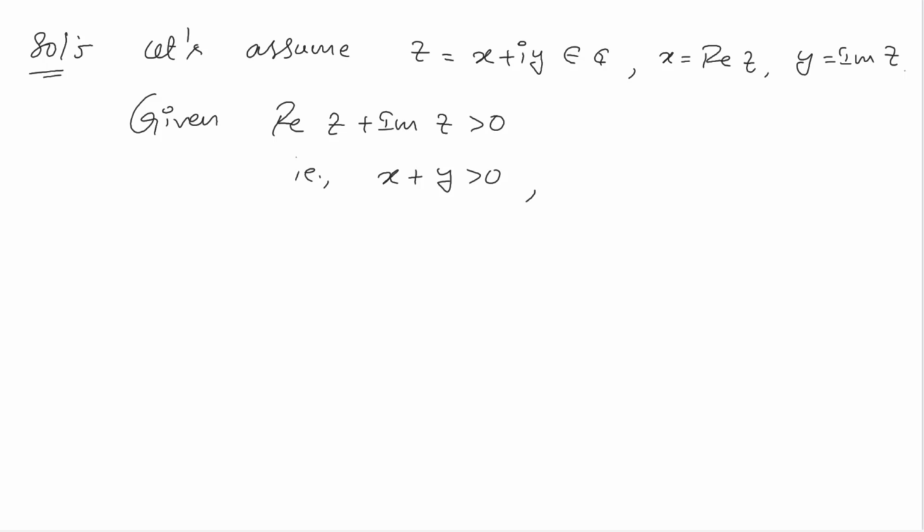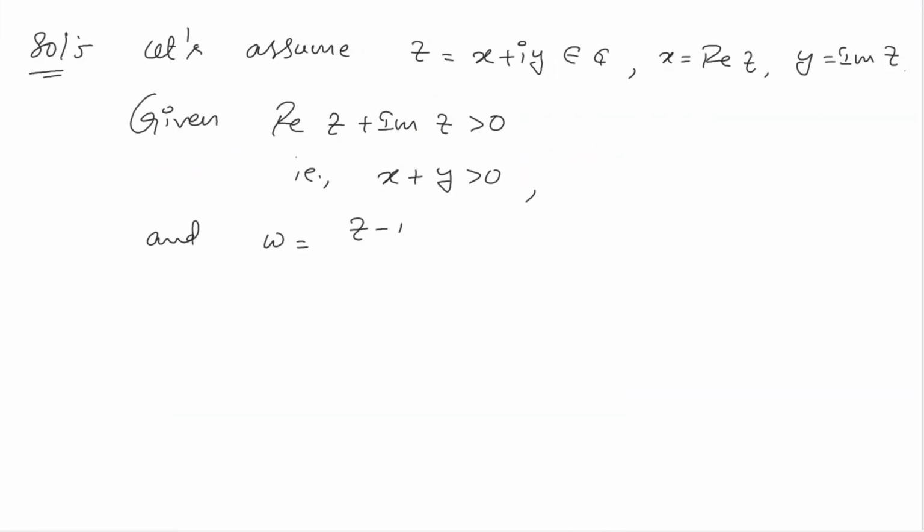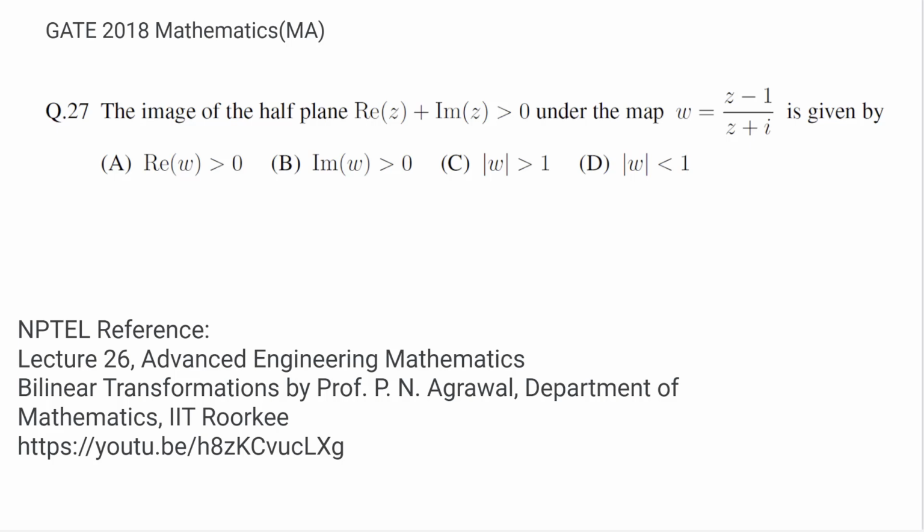And the map given is w as (z minus 1) divided by (z plus i). So now to solve this problem, we have to look at the four options given. The first option is real part of w is greater than 0.